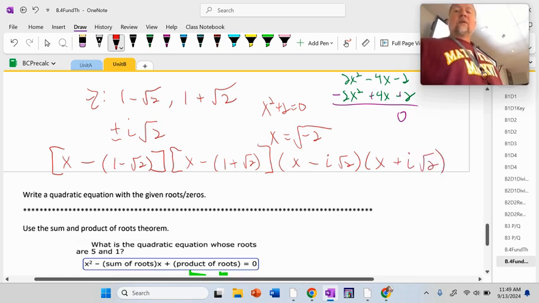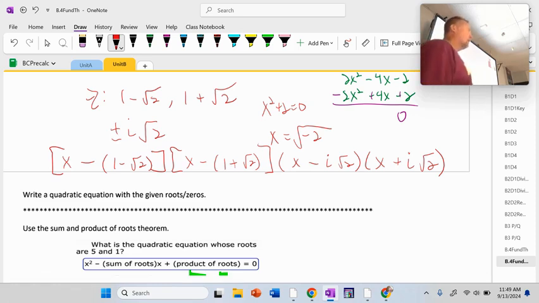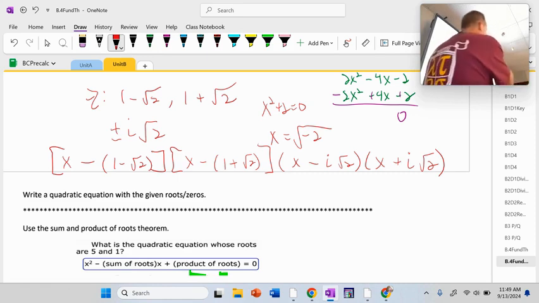Because I think in the homework it says to also write this in factored form. If the zero is 4, then it's x minus 4. If the zero is i root 2, then it's x minus i root 2 for the factor. It's the same idea. Okay, I could shut this puppy down.